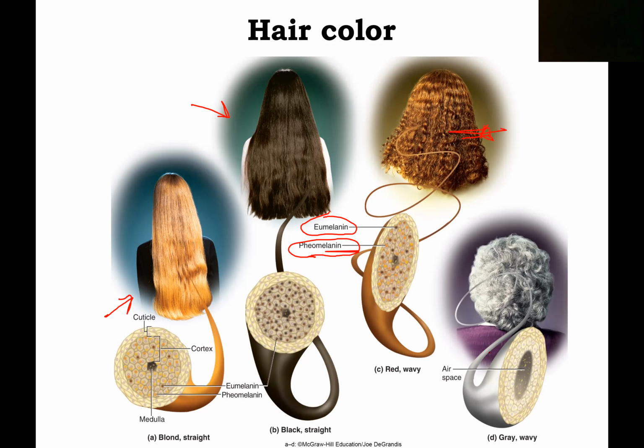Now, gray and white hair. In gray hair, we stop making melanin, so it changes the pigmentation. In white hair, this airspace develops during the production of the hair follicle. And so without any pigment and with this air pocket, it causes white hair.